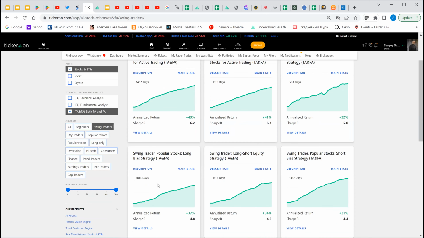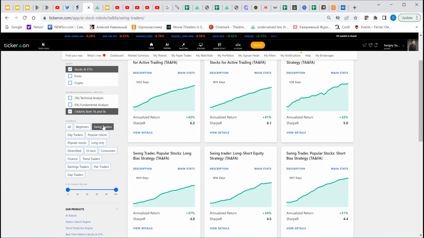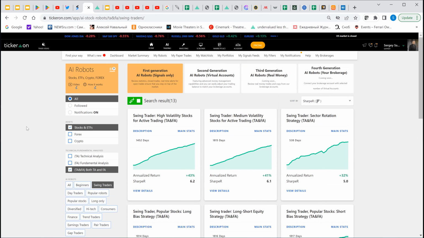Popular stocks means only high liquidity and popular stocks, which people like to trade. And we describe how we position these robots and how they make the trades, okay? And these are, again, the virtual trades.